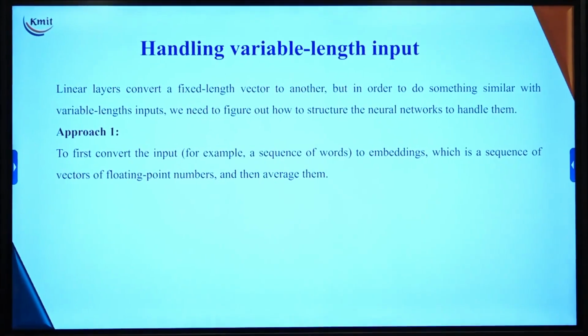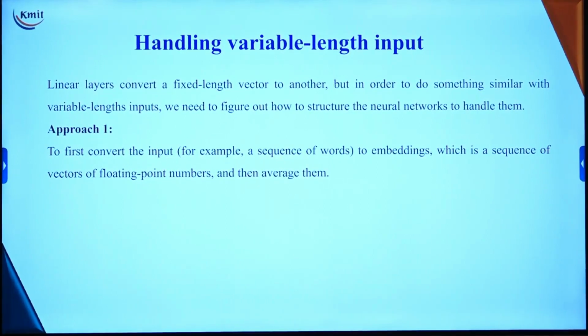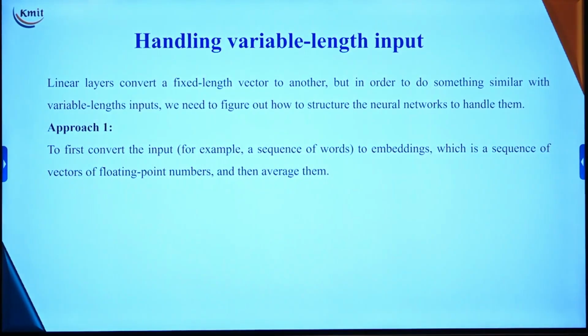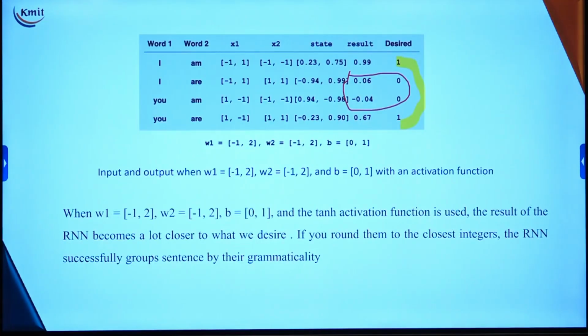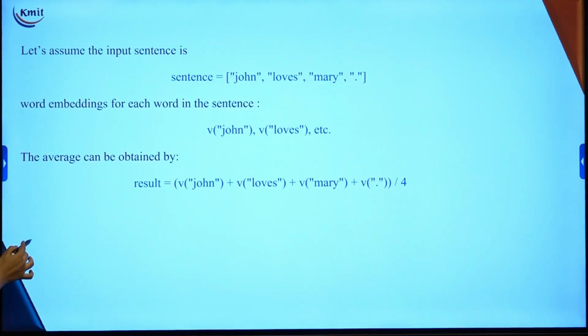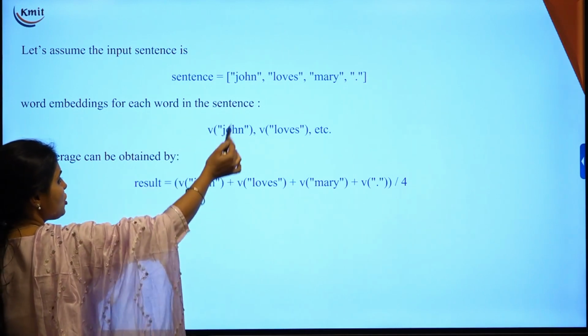In the first approach, we first convert the input to embeddings. Converting the input to embeddings is nothing but the vector representation of those words, and then averaging them. Let's assume the sentence "John loves Mary." The first step is to generate the vectors of each and every word.